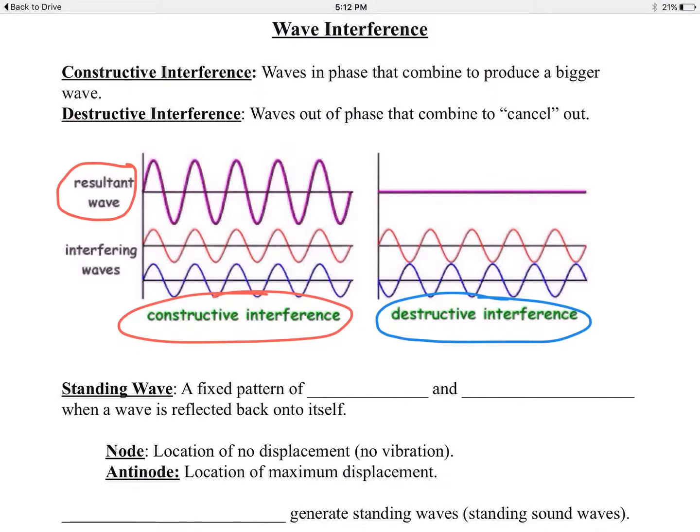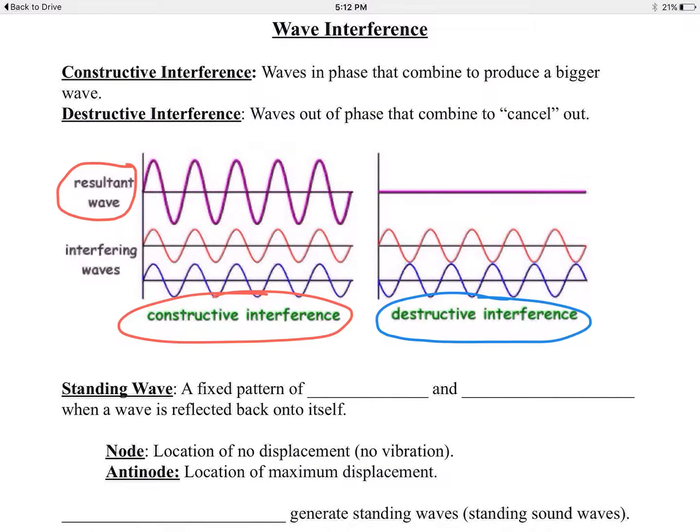That's how noise-canceling headphones work. They essentially produce a sound wave that's opposite the one it's detecting, and it cancels out that background noise. With light waves, destructive interference gives you darkness. And water waves that destructively interfere with each other give you a flat surface.